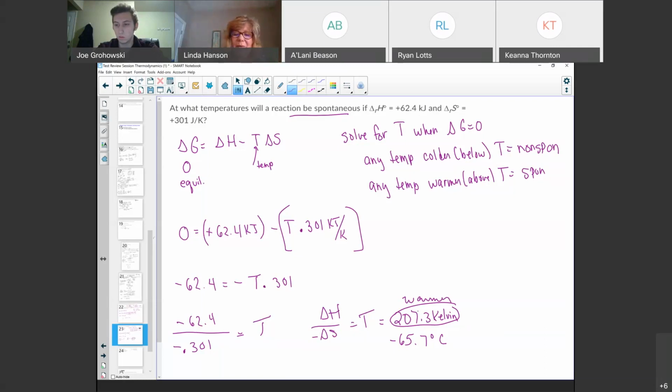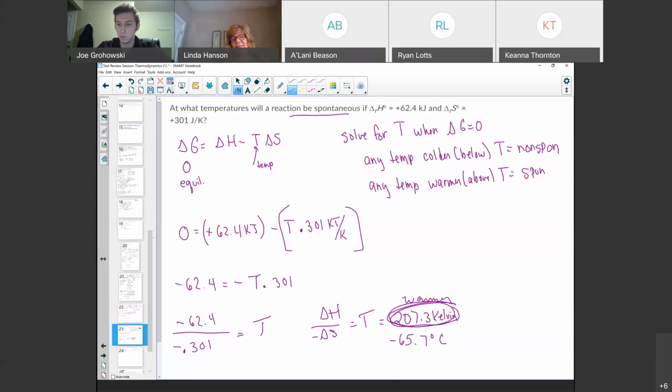Because when you asked, is this spontaneous right now, at this particular temperature, my answer would be no, because the forward is at the same rate as the reverse. That's what equilibrium is. So we've got to push it warmer to favor the forward direction. You've got to cool it down below that to favor the reverse direction. That's a really good point.